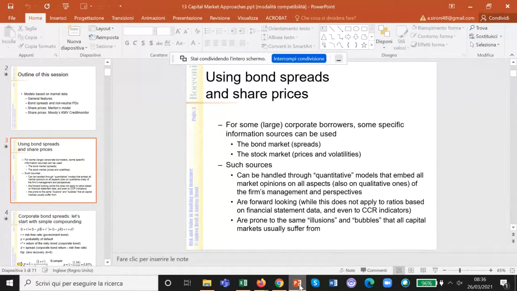While clearly the scoring models, as they are based on accounting ratios, can be used for any company. And we'll see that these sources of data can be elaborated with quantitative models. They tend to be forward-looking because they reflect the expectations in the market. But at the same time, this is an advantage, but also a disadvantage, as of course, it suffers from the problems that we have with capital markets.